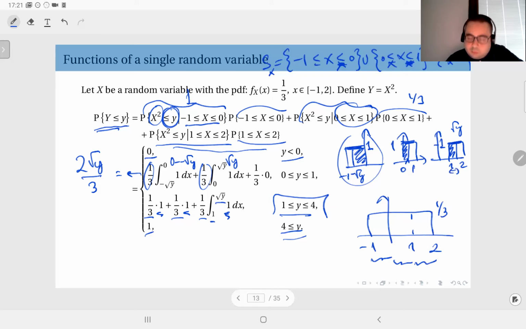Again, this gives me 1 over 3. This is 1 over 3. And this is square root y minus 1 divided by 3. So that is 2 plus square root y minus 1 over 3, which gives me square root y plus 1 over 3, which is exactly the same expression as we have computed before for the CDF.